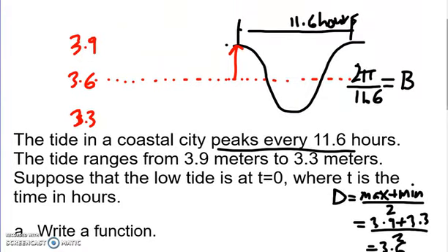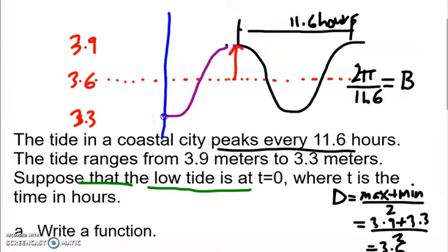Good. Now what else are we told? Suppose that the low tide is at t equals 0. So really now we can extend this graph here. So this is going down, and then we've got a low tide, and this is telling me that my y-axis is exactly at this valley here.